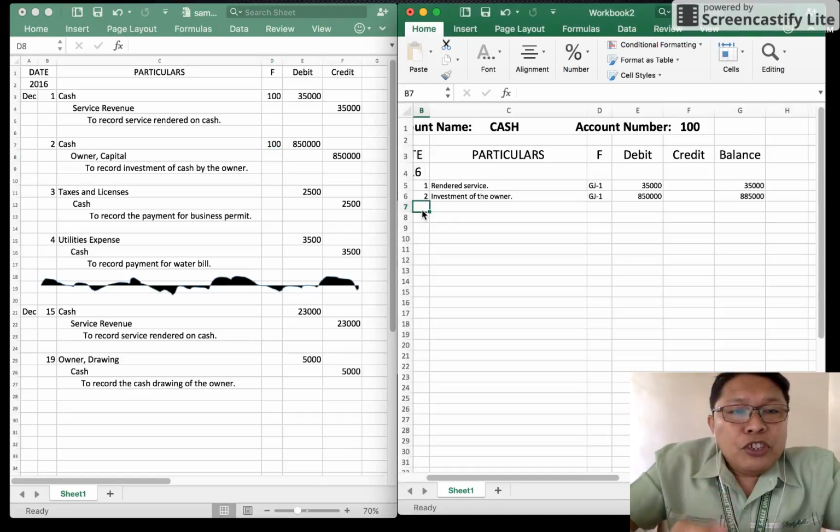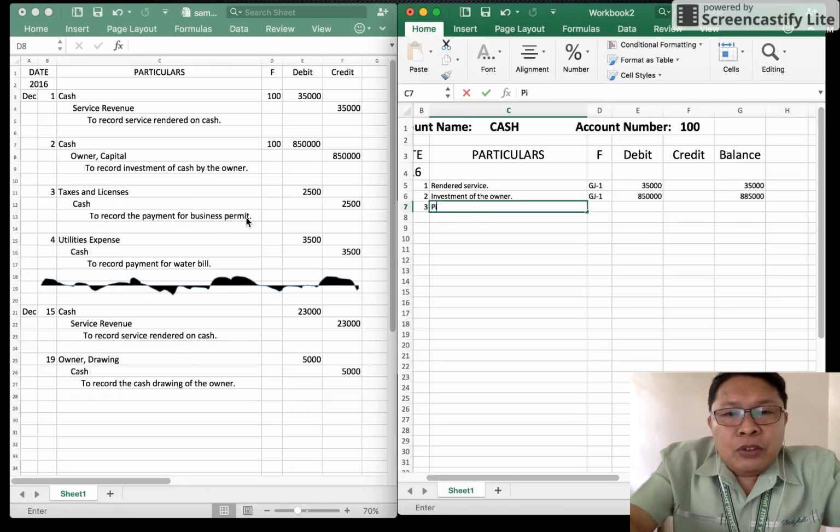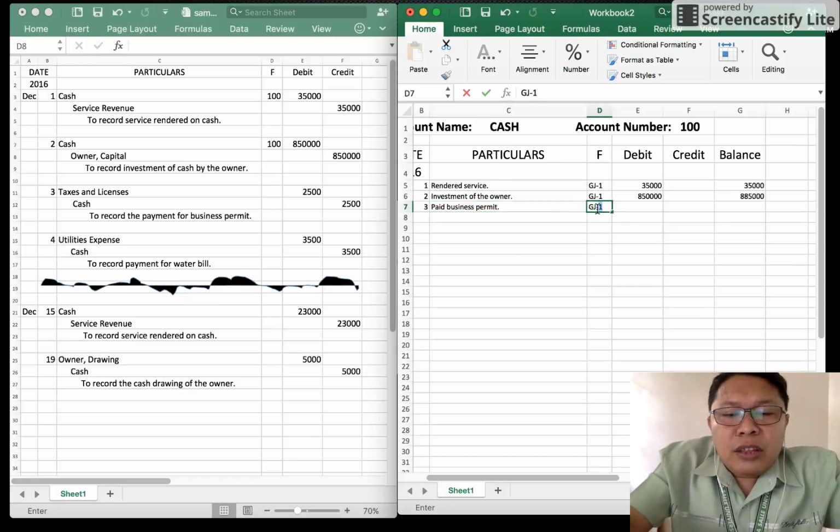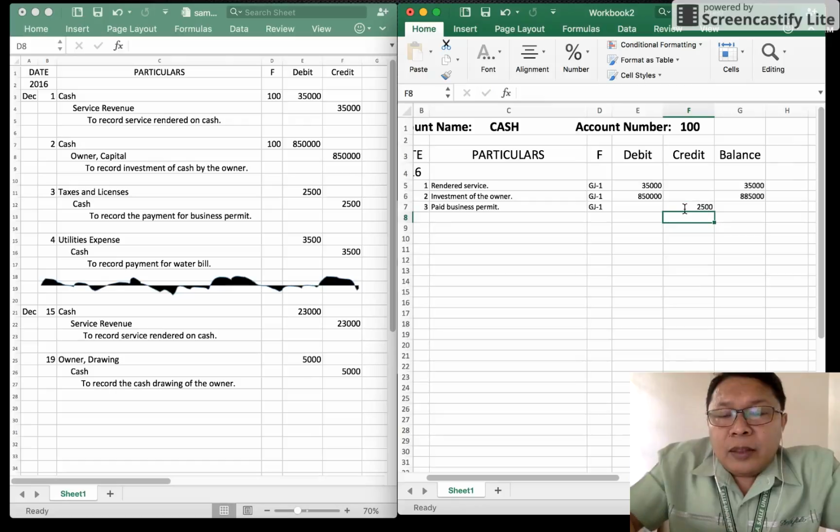Now we proceed with the third appearance of cash which happened on December 3. Okay, there is a payment for business permit. So we have to write paid business permit. This was taken on General Journal page 1 and we credit an amount of 2,500.